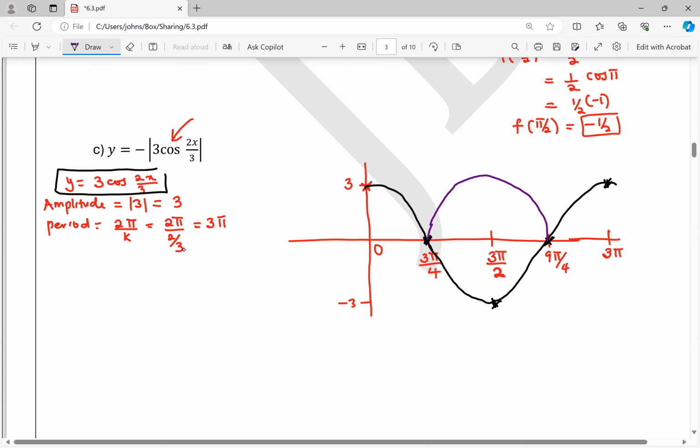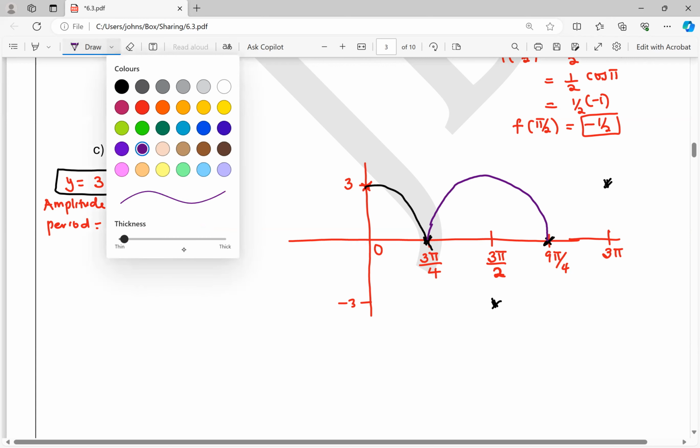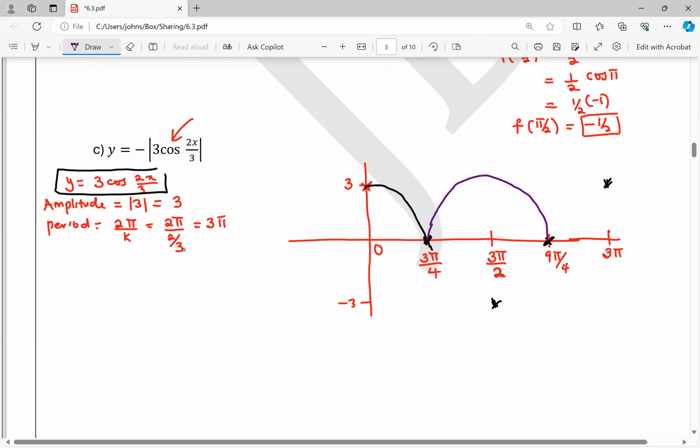So it means that this will not be there, right? So we have to remove this one now. This one is still there. So this will be this one. Okay. Now this is the graph with the absolute value.